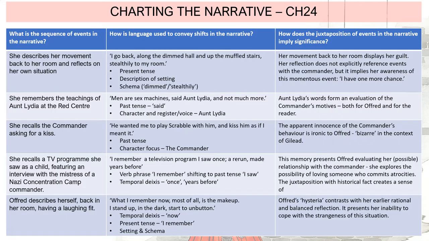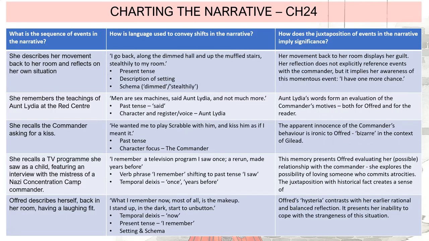So to broadly sketch that, within this chapter, she obviously is responding to something very significant that's happened to her. And she responds by reflecting on both the teachings of Gilead and what she should possibly do according to Aunt Lydia, and how Aunt Lydia might interpret that event, and then her own sort of personal, deeper interpretation based on her life before. So I guess this is Offred using different memories at different times in her life to evaluate the events that have happened to her.